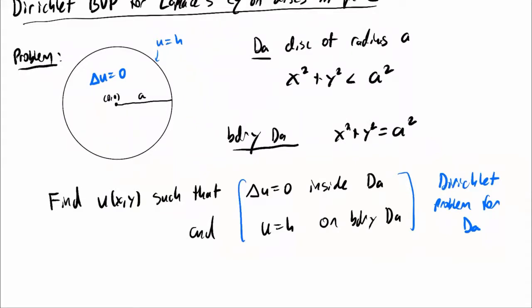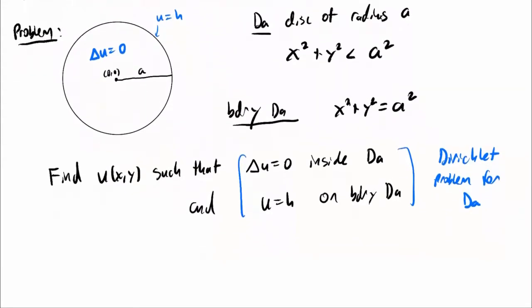Well, the key point here that lets us get somewhere is to remember that there are all sorts of rotational symmetries for the Laplace equation, but this is a disk, so this is a rotationally symmetric domain. We're going to be able to take advantage of the fact that the Laplacian is invariant under rotations and that the domain is also rotationally invariant in order to get to a solution. In particular, the idea will be to try to solve it using separation of variables, but with polar coordinates instead of x and y coordinates.